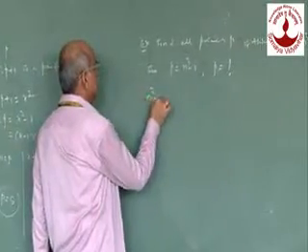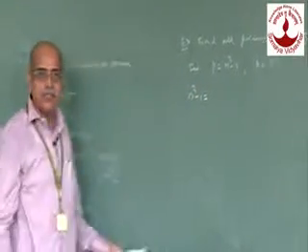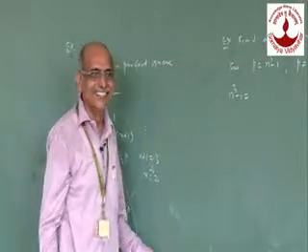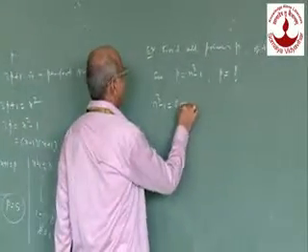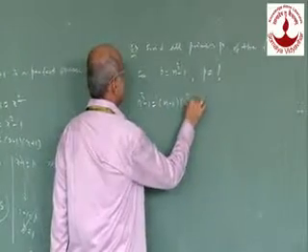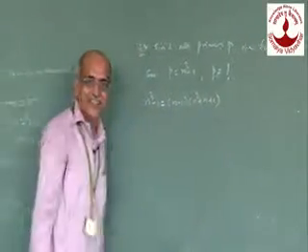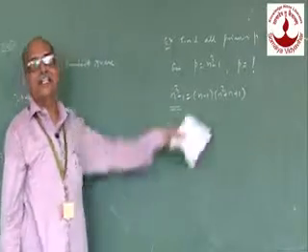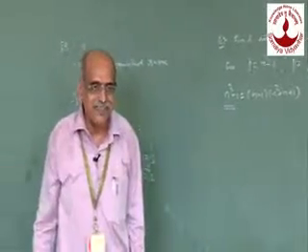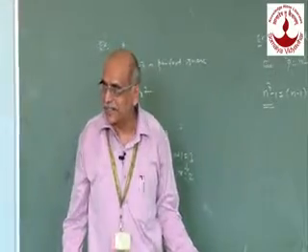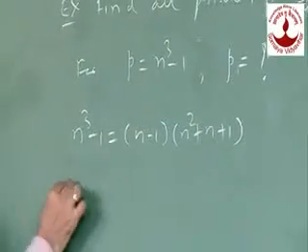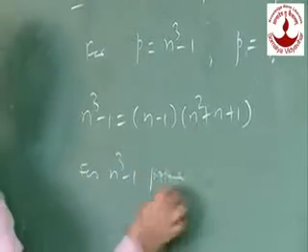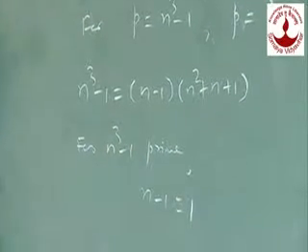So if you write n cube minus 1, a cube minus b cube, 9th class, right? Factorization. What is that? n minus 1, n squared plus n plus 1. And if this is to be prime, the right hand side should not be factorizable. What do you mean by prime? Which is not factorizable. And therefore, for n cube minus 1 prime, n minus 1 must be equal to 1.